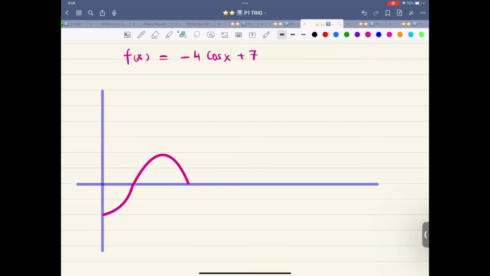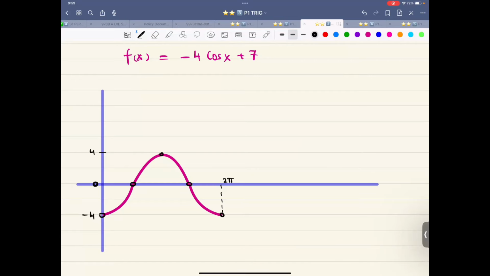Okay, good enough. So now this is 4 over here. This is negative 4 over here. These are the 5 major points. There is no change in cycle. This is 2 pi. This is 0.